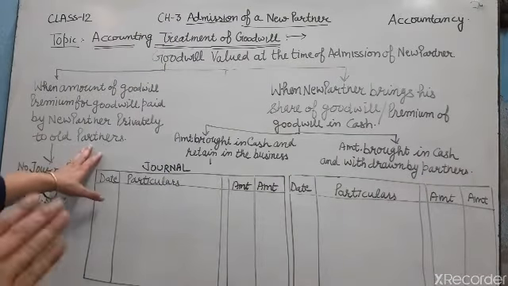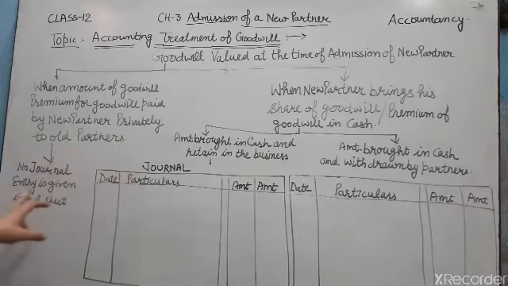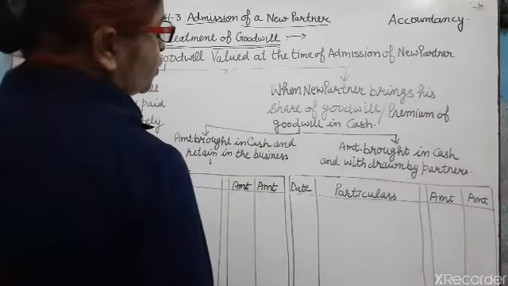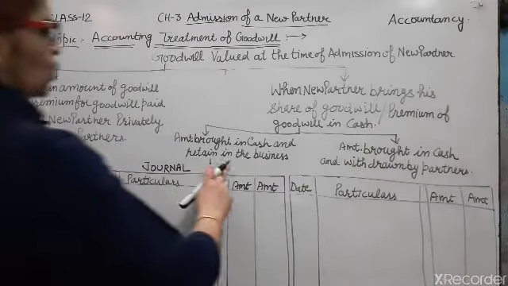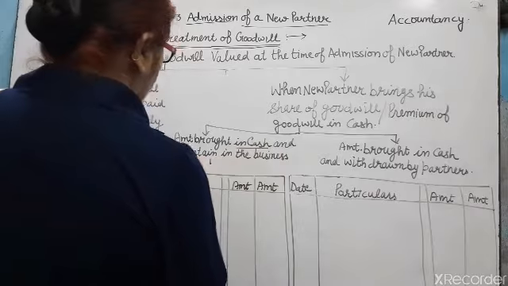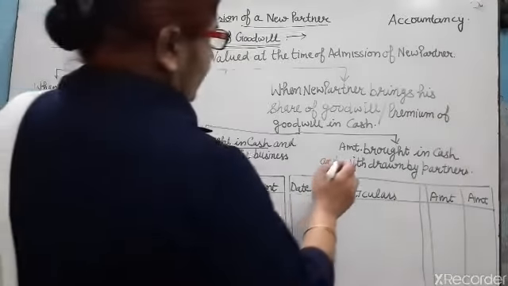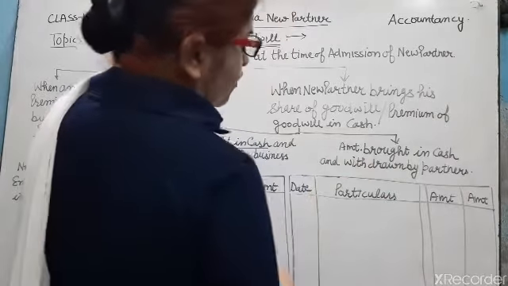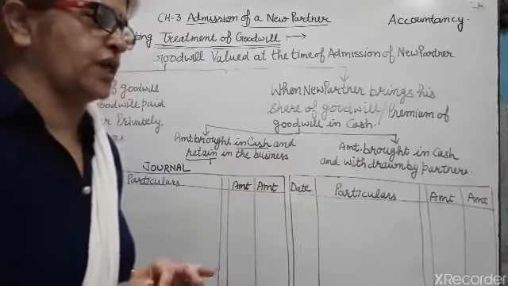When the new partner pays his share of goodwill to the sacrificing partner privately, there is no record in the books of the firm. In the second case, when the new partner brings a share of goodwill in cash, there are two situations: the amount brought in cash is retained in the business, used in the business, and second, the amount is brought in cash and withdrawn by the old partners.